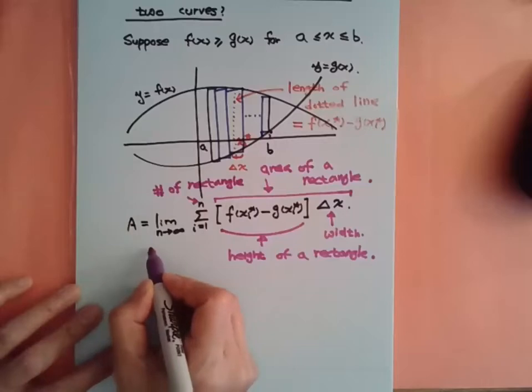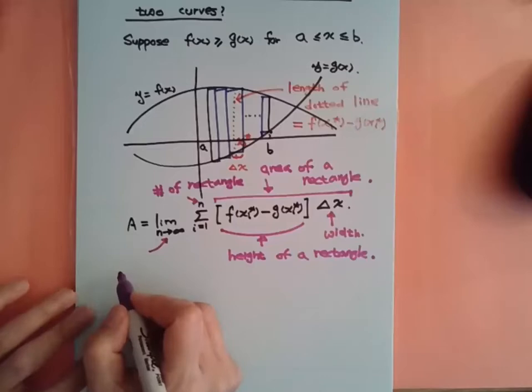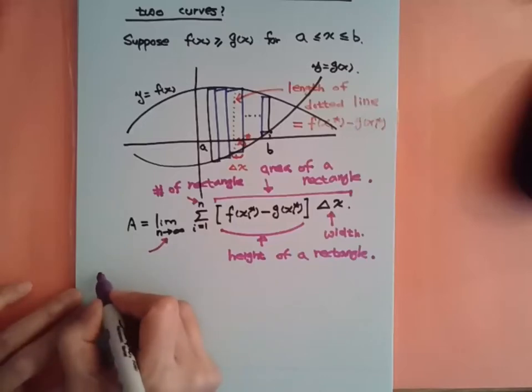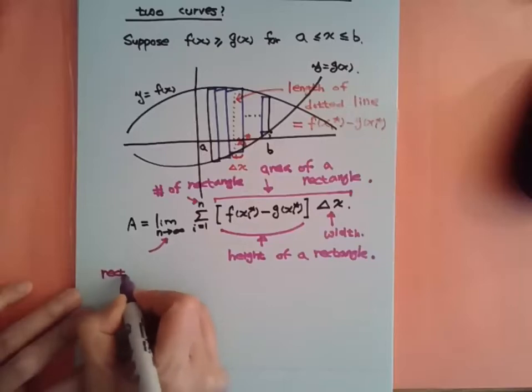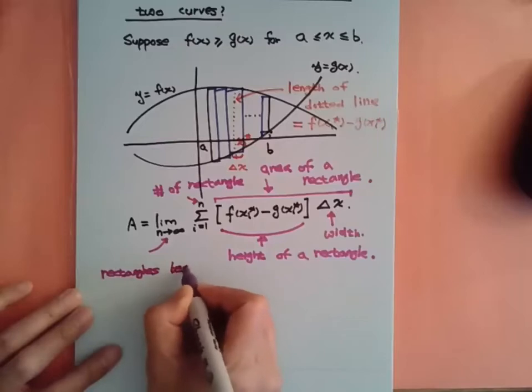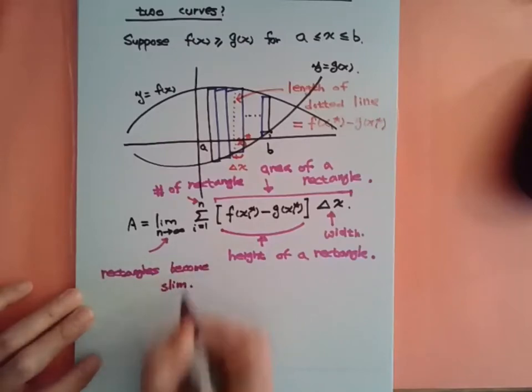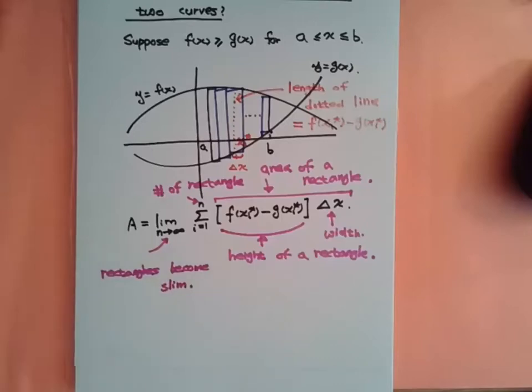Here, this number n is the number of rectangles. We think about n goes to infinity. That means the number of rectangles becomes larger and larger. So rectangles become slim. So it'll be almost like a stick, just a vertical line.